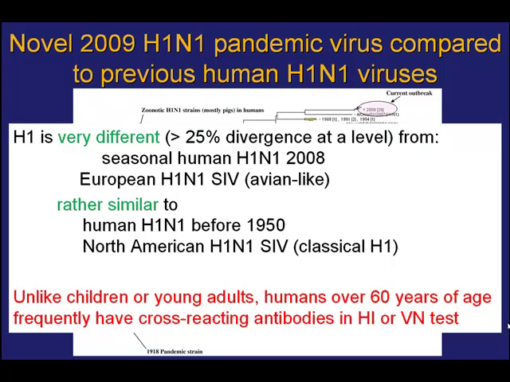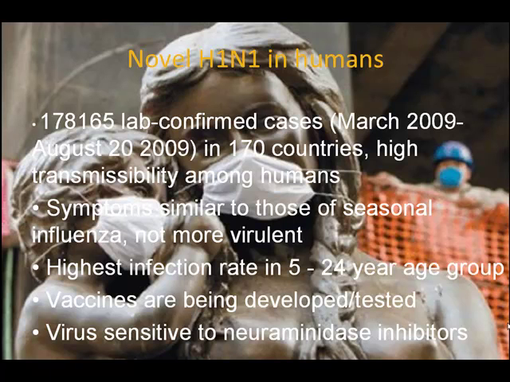And the practical consequence of all this is that humans over 60 years of age, those that have been in contact with H1N1 human viruses from 1950 or before, frequently have cross-reactive antibodies against H1N1 in HI or VN tests. And this may also explain why novel H1N1 has hit hardest in people under 25.